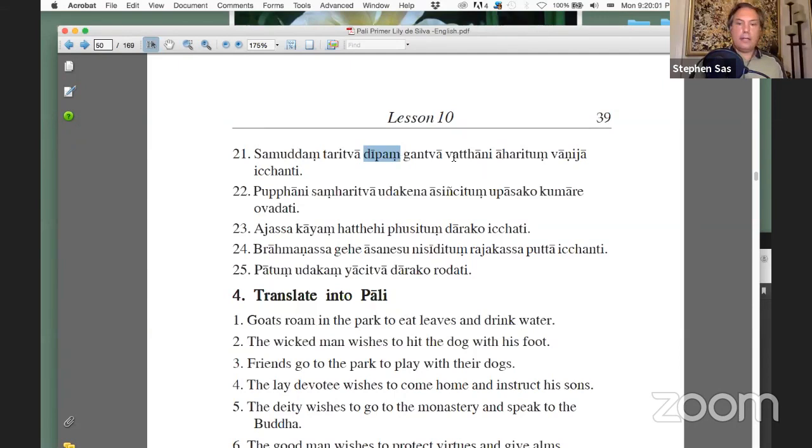Then I have the subject of the sentence, which is the nominative plural here. Vanija, merchants, desire, ichanti, to bring. This is our infinitive, clothes, vatani. Is that what you had?